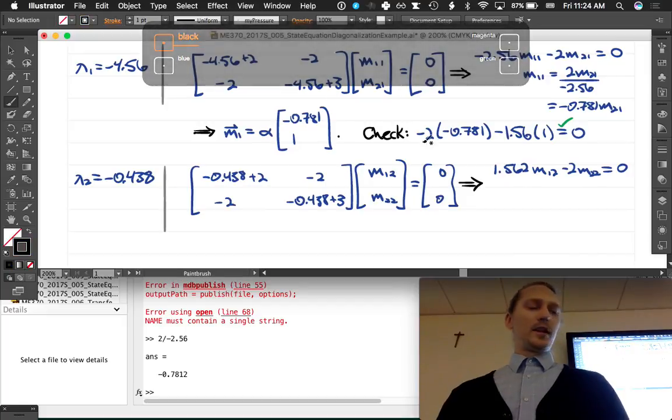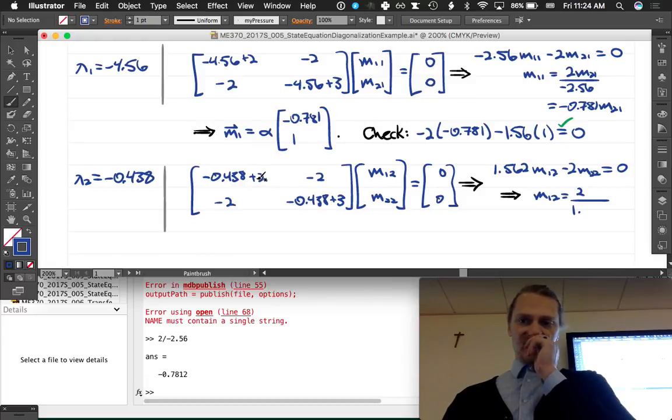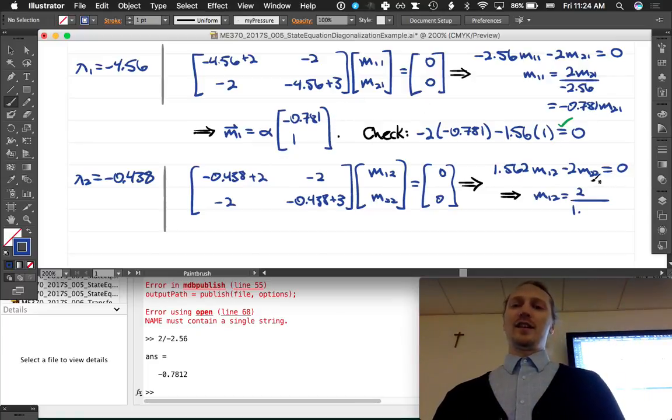So we can solve this to find that M12 is equal to 2 divided by 1.562. Should be a negative or a positive right there, right? Because it's negative 2 or minus a negative 2. Or no, sorry. Here we're just adding because we're just using this first row equation. Cool. 1.562. So it's 2 over 1.562 m22.